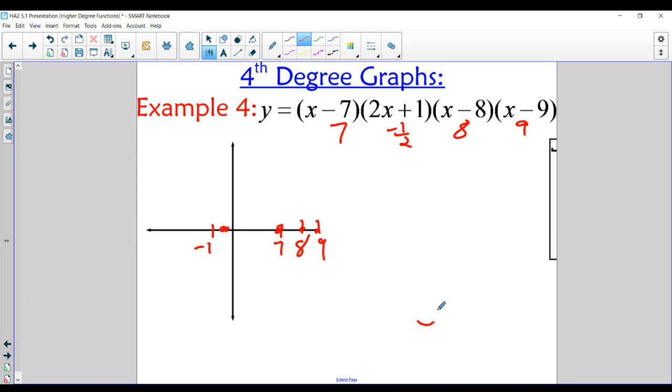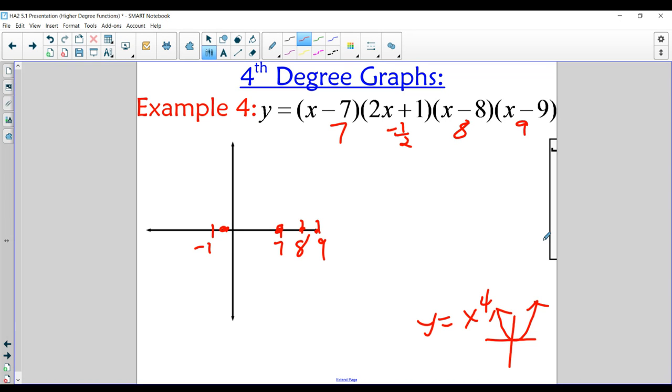So if I would have y is equal to x to the 4th, because that's what this would be if you multiply x, 2x, x, and x together, that graph goes like this. So positive leading coefficient, end behavior would be up on both of them. If it was a negative leading coefficient, it would go downwards instead.